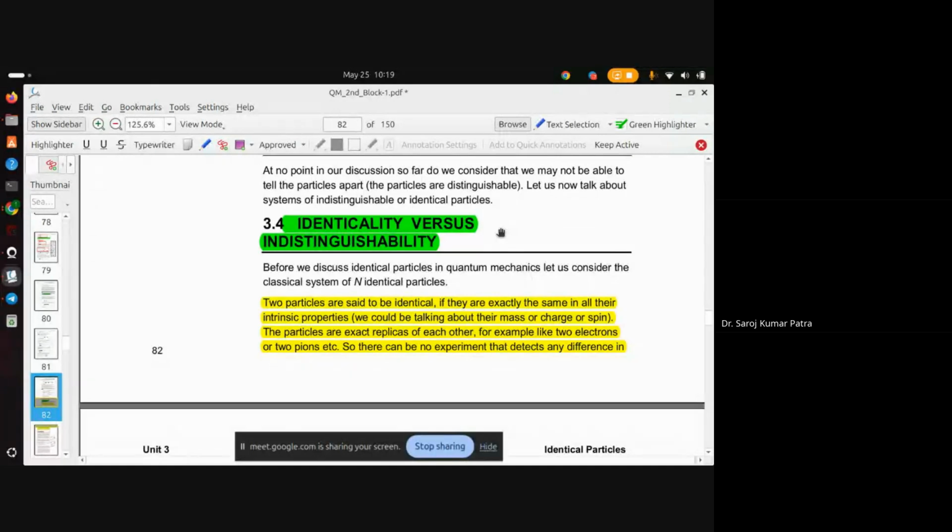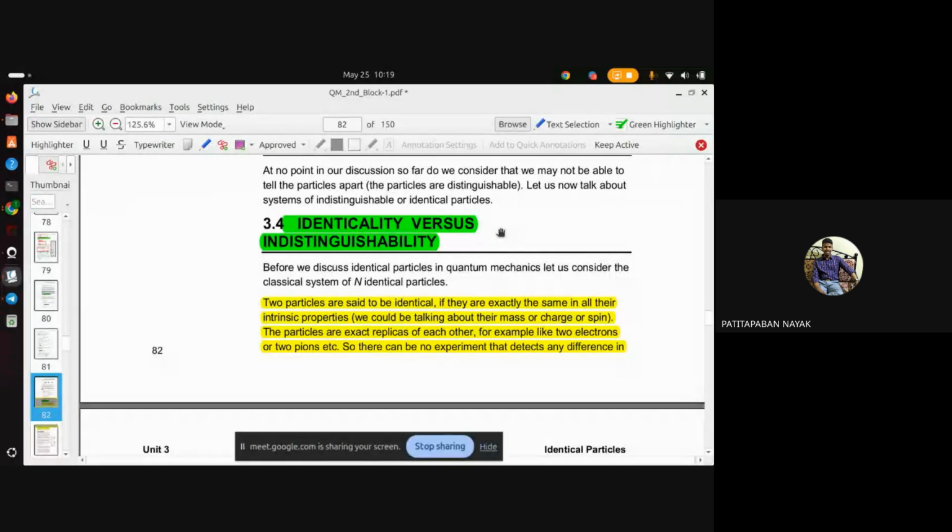When you go to buy a crockery set or a dining set, you have six plates. Are you able to distinguish? Suppose you have six dining plates, and the shape is the same, the mass is the same, everything is the same. Are you able to distinguish? No, sir, we will not be able to distinguish.